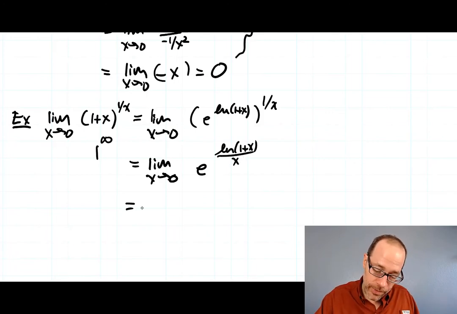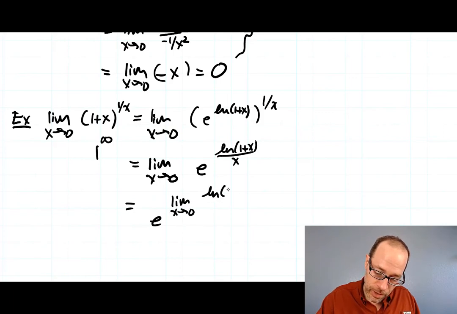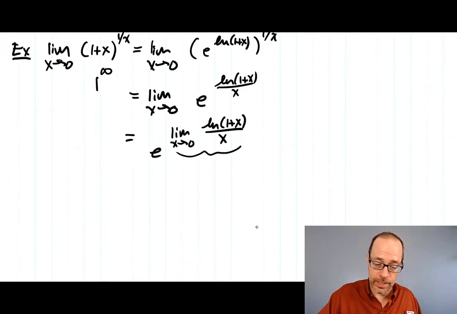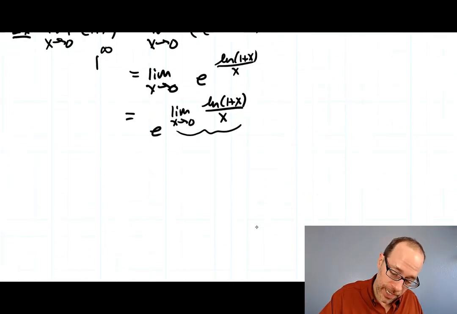And then we can move this limit into the e part up here, the limit as x goes to 0 of the natural log of 1 plus x all over x. So really, if we can just figure out this part, then we'll know the answer. So we come now separately to figure that part out.